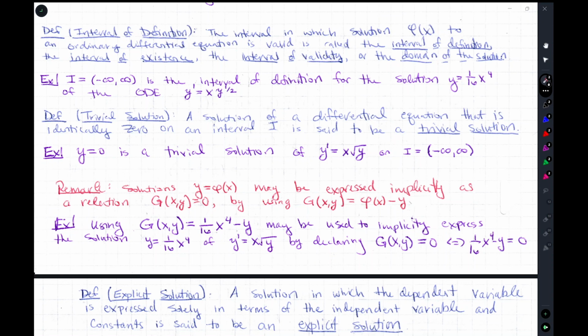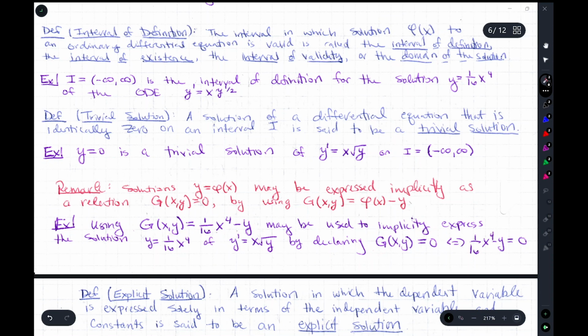We do that for the solution y equals 1/16 x to the fourth, and we write g of x, y is equal to 1/16 x to the fourth minus y, and we set it equal to 0.